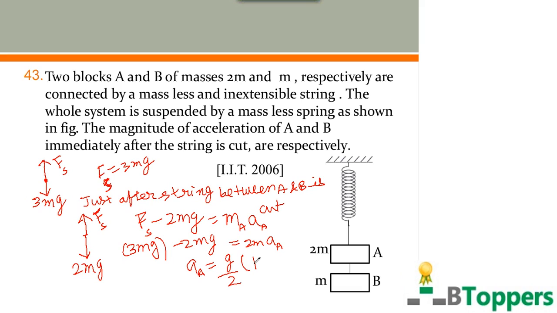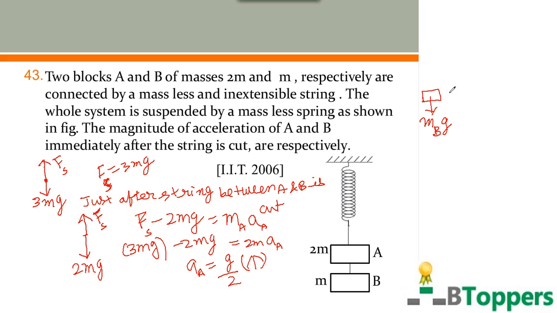And this acceleration will be directed upwards because the magnitude of the elastic force by the spring is 3mg, which is more than the weight of block A. So the net force on block A is directed upwards. But after the string between the two blocks A and B is cut, no tensional force acts on block B. So block B will be moving only under the influence of gravity.